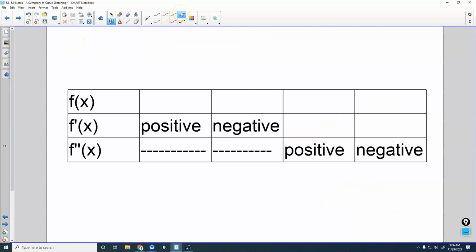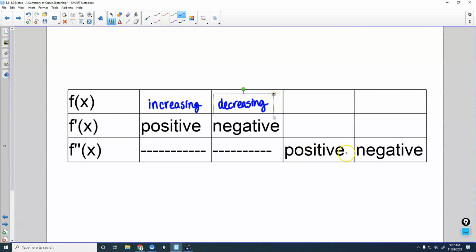This is the chart that we made earlier for the warm-up. If f prime is positive, what do we know about f? Increasing. And if f prime is negative, f is decreasing. Okay?